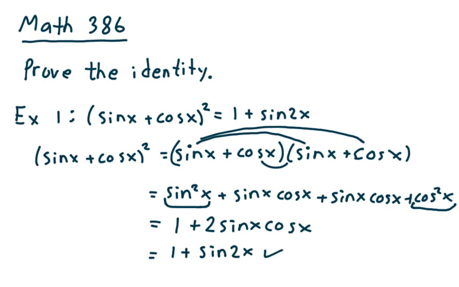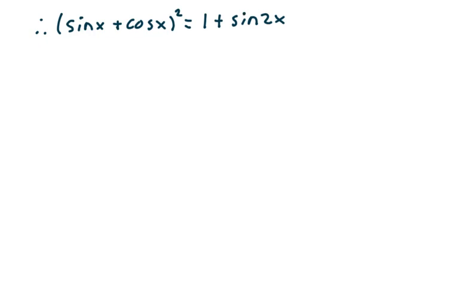And that's what we wanted to show. So, therefore, if I take sine of x plus cosine of x and I square it, I get 1 plus sine of 2x. And that's how we do example 1. Let's take a look at example 2.